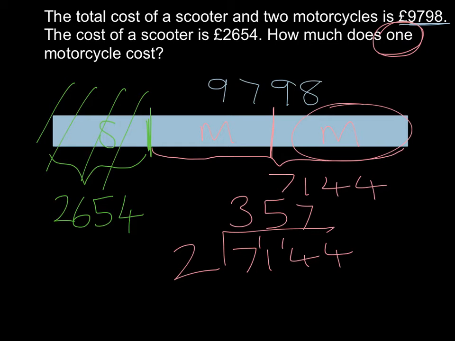And 4 divided by 2 is 2. So the cost of one motorcycle is £3,572. And I could double check this by adding 3,572 plus 3,572 plus 2,654, and that should give me my total at the beginning.